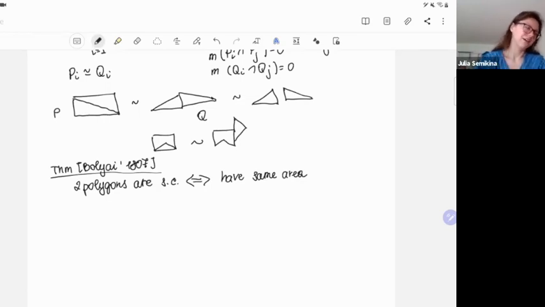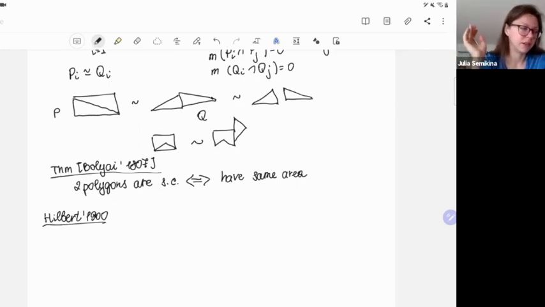So next, after 100 years after this theorem, Hilbert presented in his list of problems on the congruence, Problem number 3, was the question: is volume enough to detect the same thing in R^3?